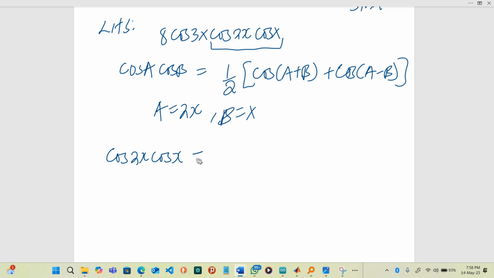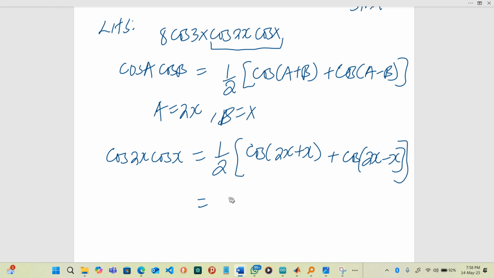So what is this going to become? This is a half into cos of 3x plus cos of x, because this is 2x minus x, which leaves us with x. So that one is done.